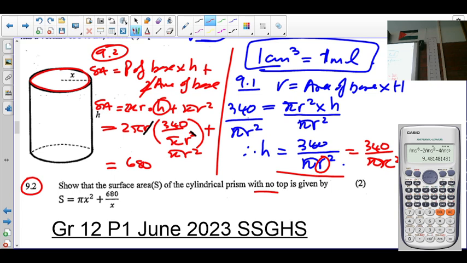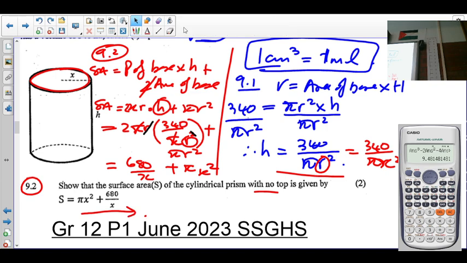The pi also cancels. So the only thing I'm left with is that x at the bottom. So it's 680 over x plus pi x squared, and that is what I managed to prove there anyway.